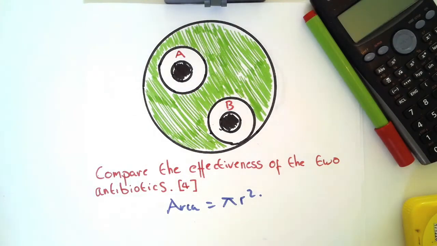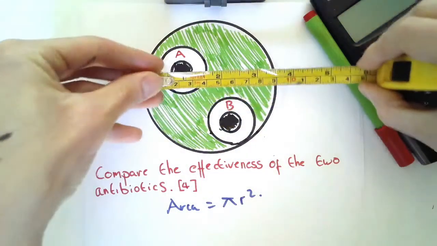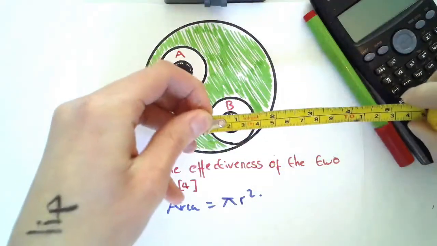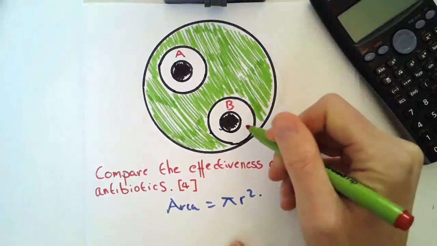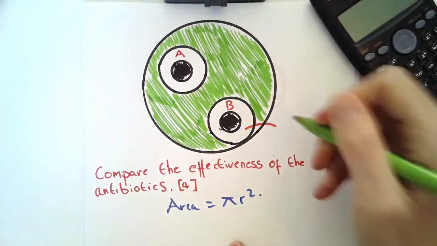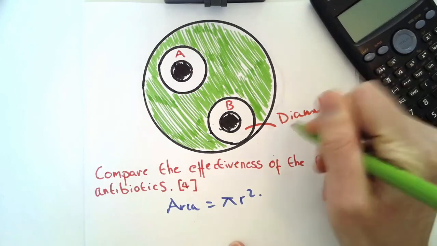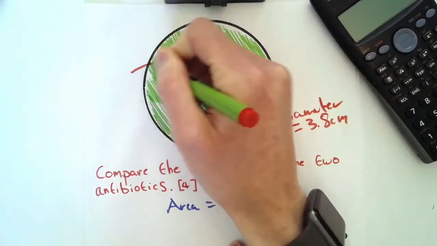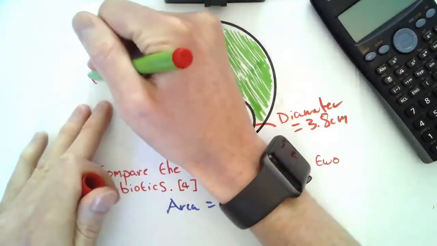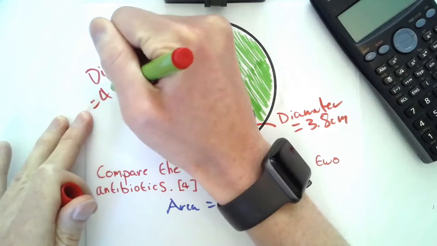Okay, and then if you get your ruler out, the closest thing I've got to a ruler is a tape measure, and measure these nice and properly, like so and like so. You do it properly, you will find that B has a diameter of 3.8 centimeters and A has a diameter of 4 centimeters.